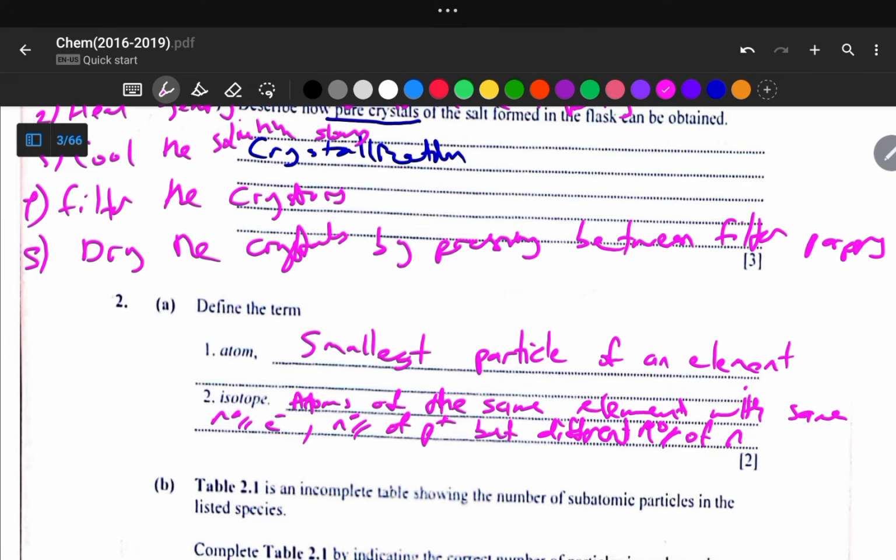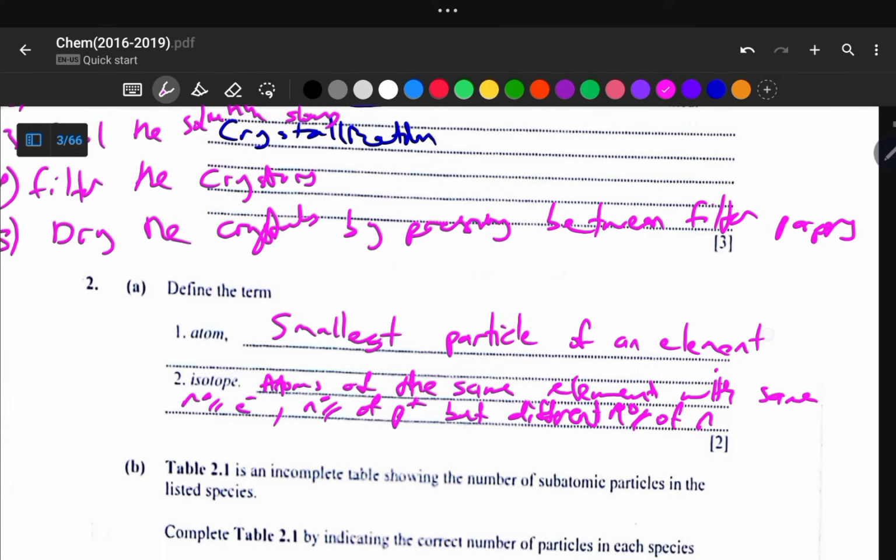So this is the general definition of the term isotope. So different number of neutrons, meaning to say different mass, right? So this is the general definition of the term isotope. So we've got chlorine 35 and then chlorine 37.